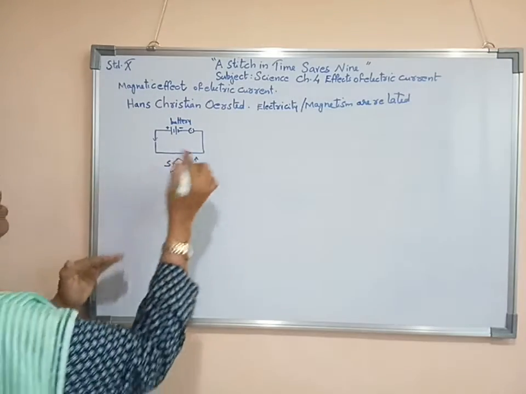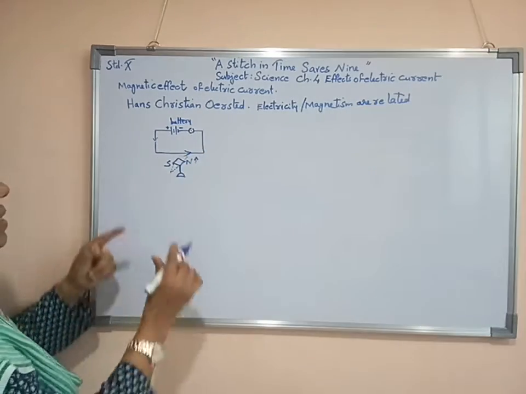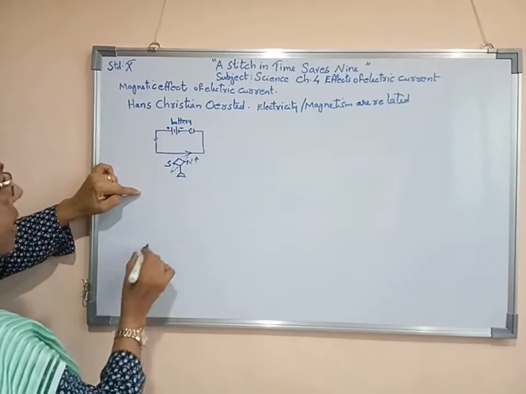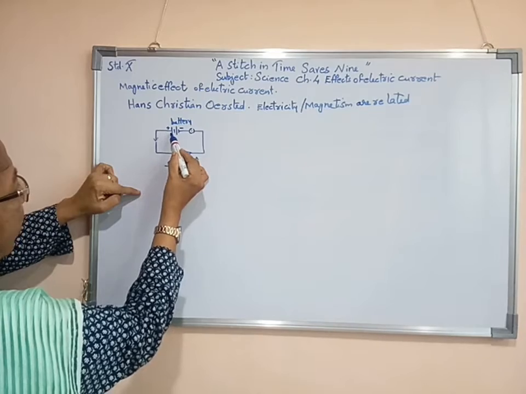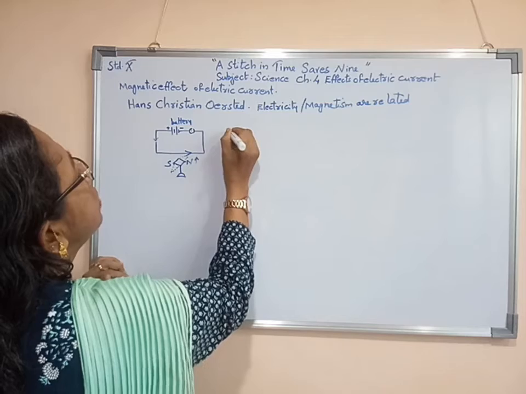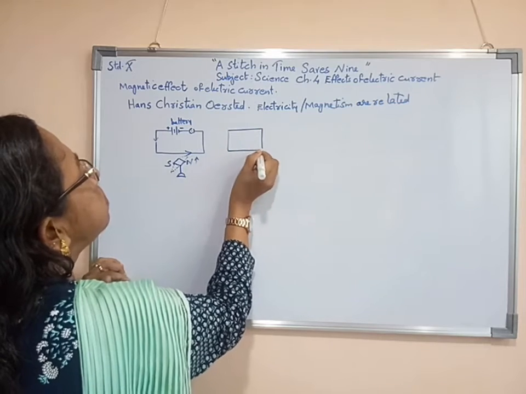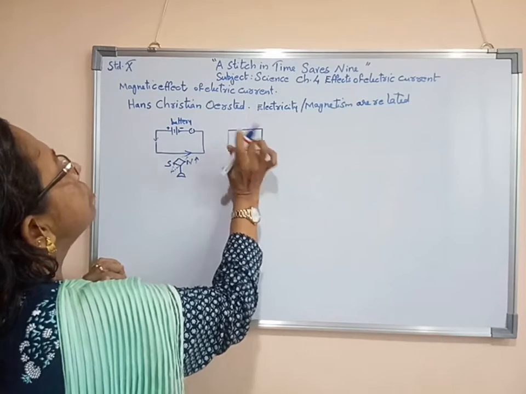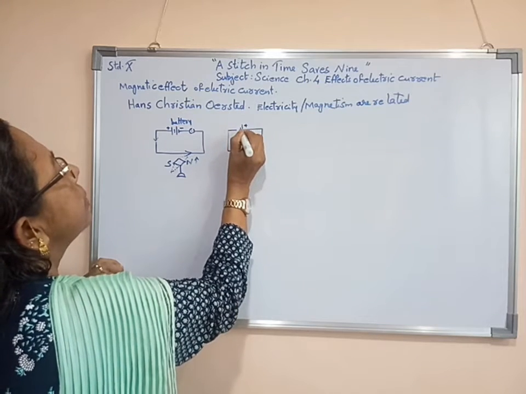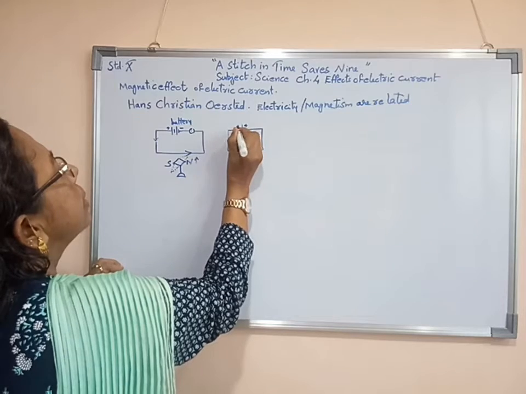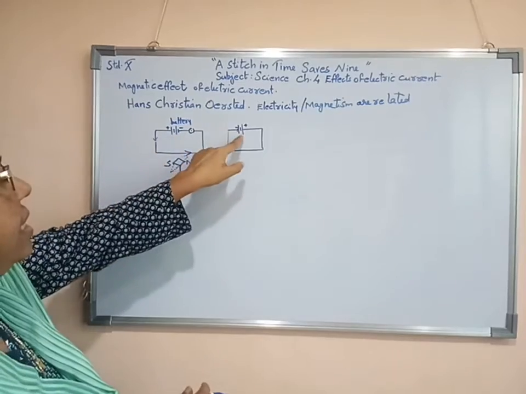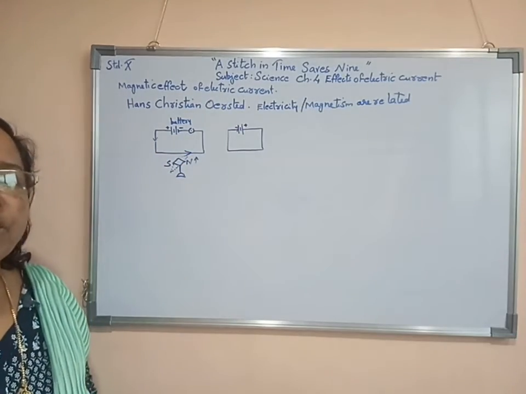Now if we change the terminals, that means here was the positive terminal and here the negative terminal, now instead I am showing with the help of another diagram. Now I am keeping the positive terminal here and the negative terminal here, just reversing the terminals of the battery.